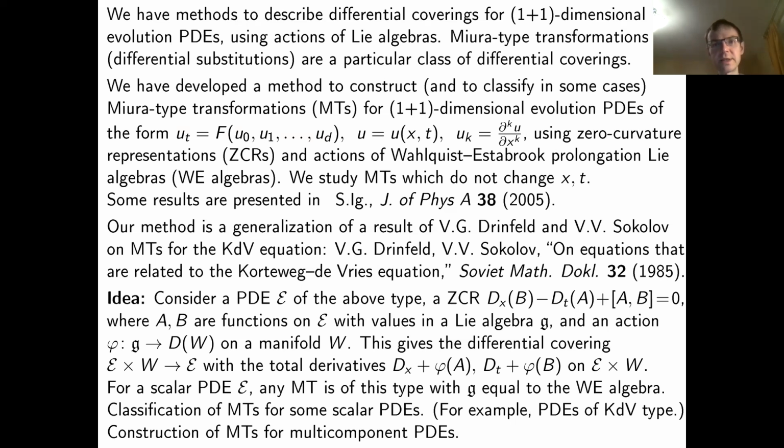The method is a generalization of a result of Drinfeld and Sokolov on Miura type transformations for the KdV equation. Namely, in this very short paper, they did the following.